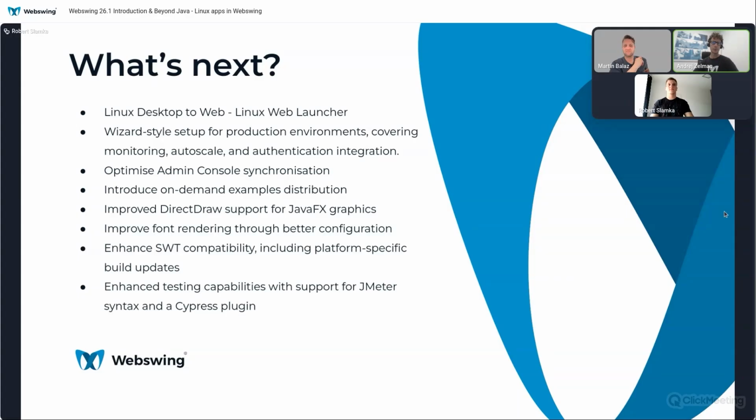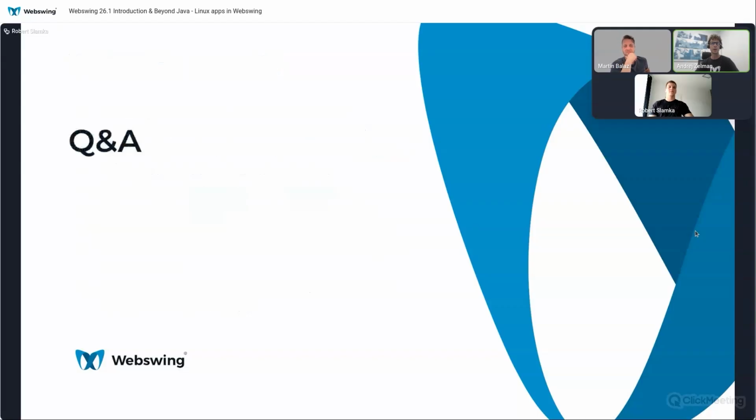Last but not least, quite important, is improved support for Q&A and testing. We have added in the last version support for JMeter, but now we also want to extend it further for better testing, and also add some for the Cypress plugin. So if you are serious about Q&A and testing, then the next version will provide more features for this. Okay, I will give the word back to Martin for the questions.